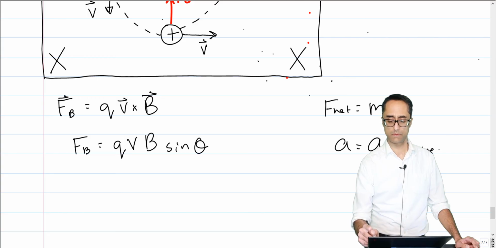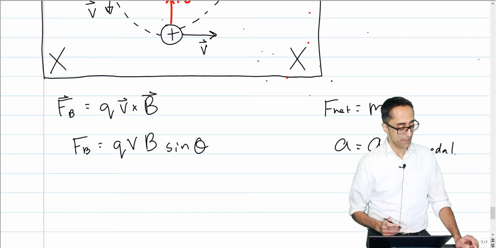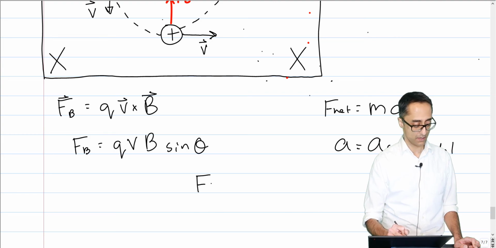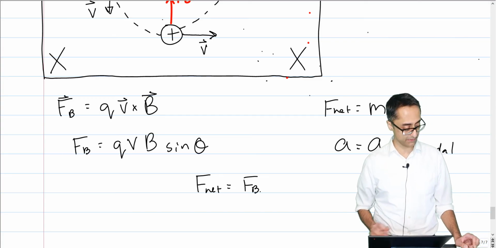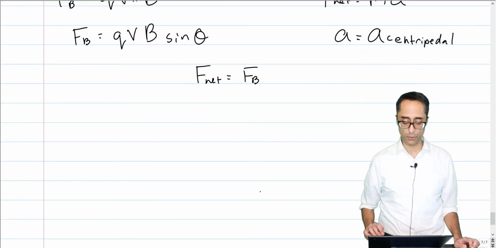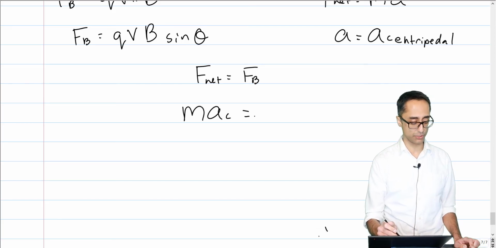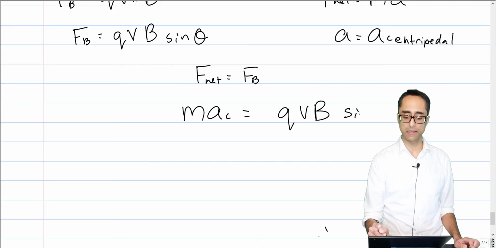And so we equate them together. We can say that our net force is equal to our magnetic force on our particle. So we'll put both of those equations together. Mass times centripetal acceleration is equal to qvB sine of theta.